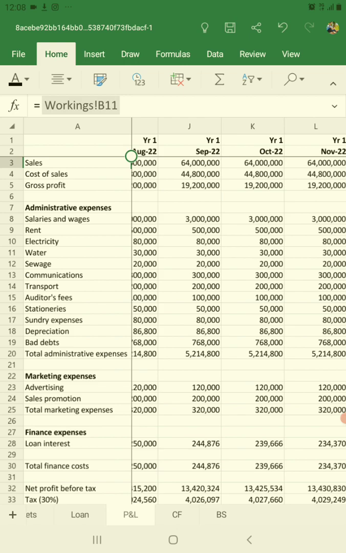So this is why you need to have your financials put on a monthly basis first, and then you can summarize them on an annual basis. That is what we are going to do after I finish explaining our monthly financials we have here. Okay, so that is one point.